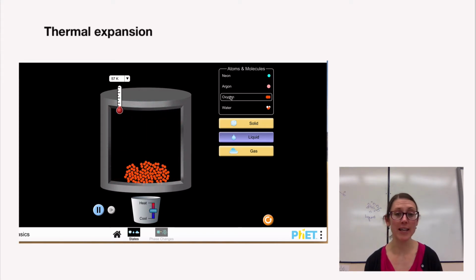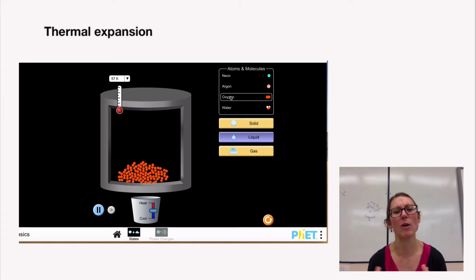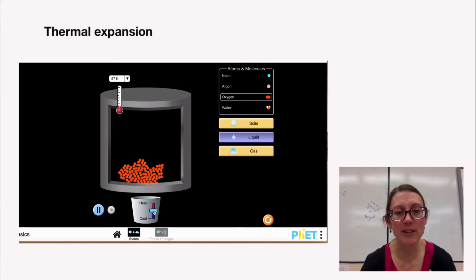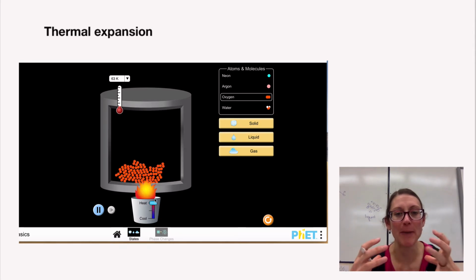Okay, so let's take a look at what happens when we start changing the temperature. Let's look at a liquid specifically. In this case, you can see this is supposed to be little oxygen molecules that are vibrating back and forth. In a liquid, they are moving past one another some. They don't have a really specific rigid shape, so that's why we know it's a liquid. If we start heating these up, notice what happens.